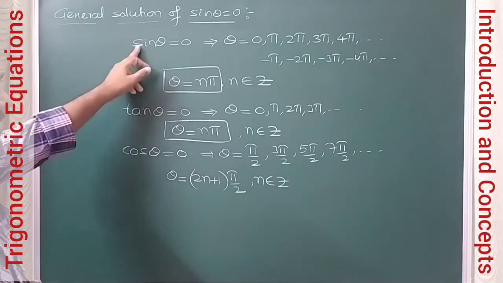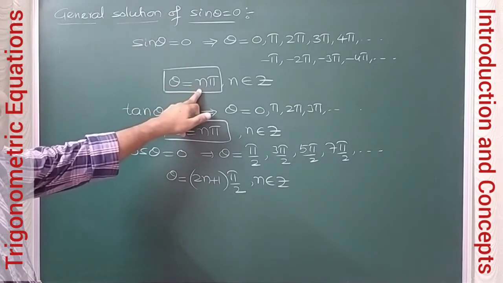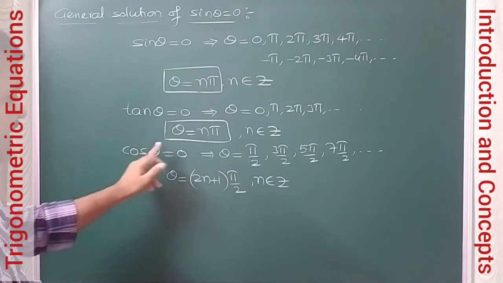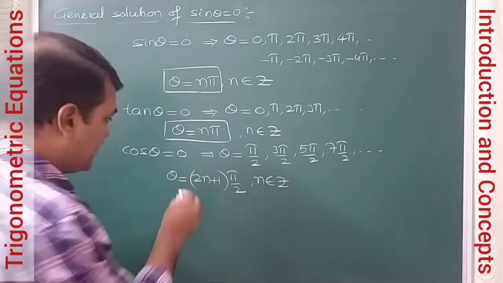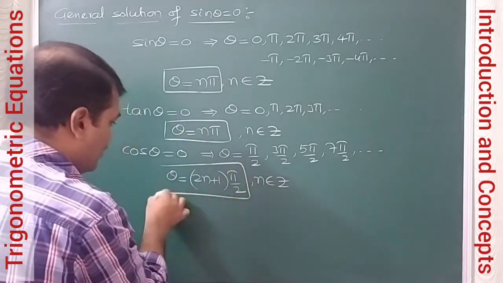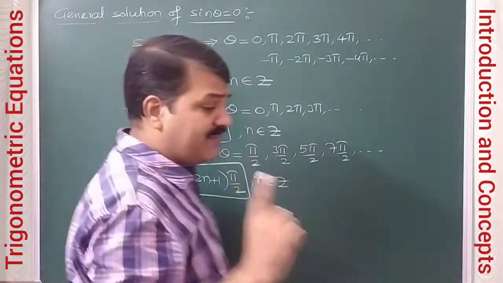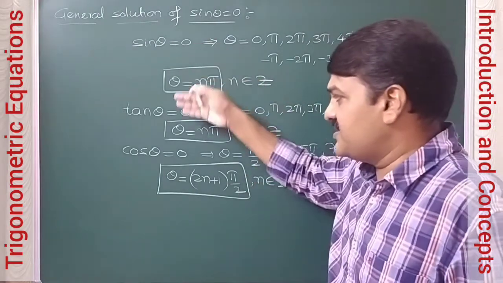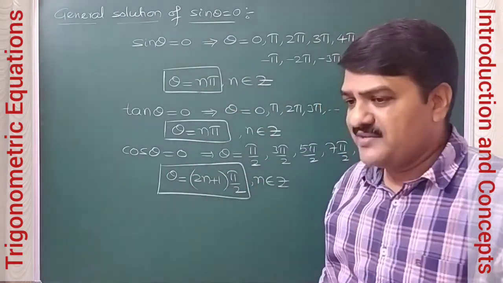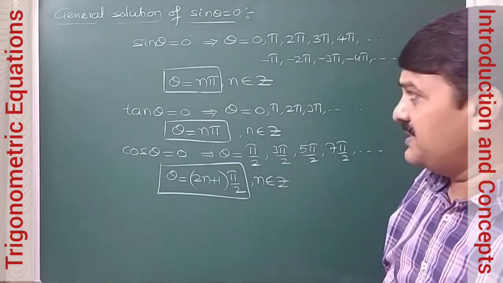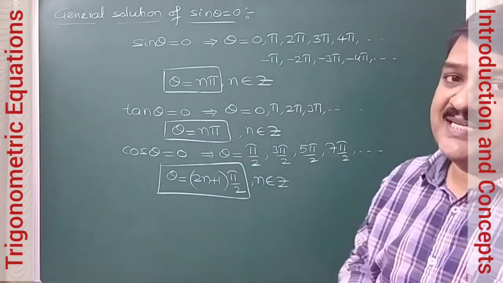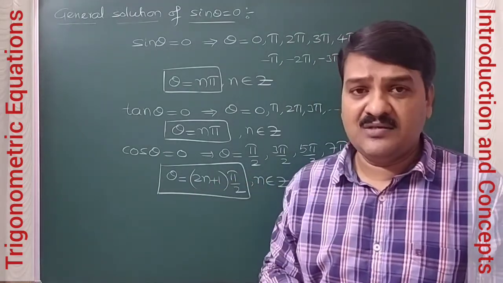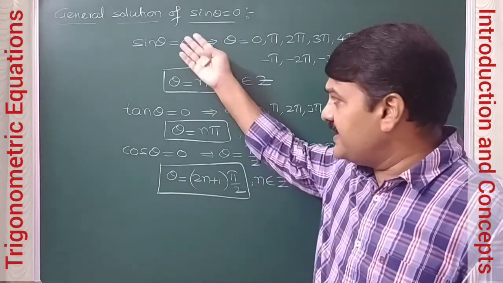So sin theta 0, this is the general solution. Tan theta 0, same. Cos theta 0, odd multiple of pi by 2. And remember, general solution formulas are only for these three trigonometric functions. For the remaining three trigonometric functions, no need to remember. For example, if you want the general solution of cosecant theta, just reciprocate cosecant theta, you will get sin theta, and you will use the sin theta general solution.